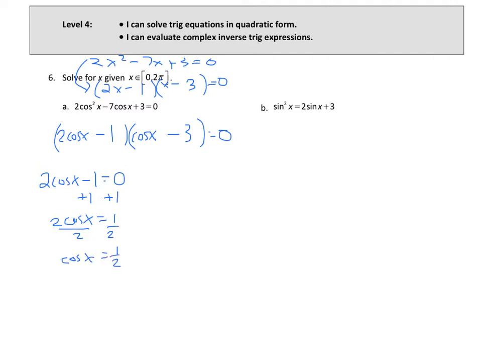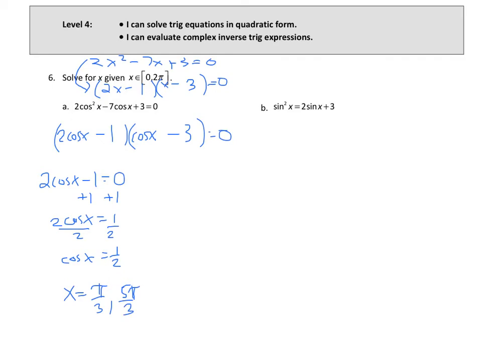So I want to think of all the angles between 0 and pi where I have a cosine value, or an x-coordinate, of positive 1/2. That would be x equals pi over 3 or x equals 5 pi over 3.